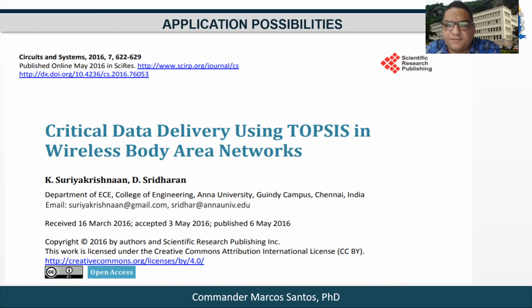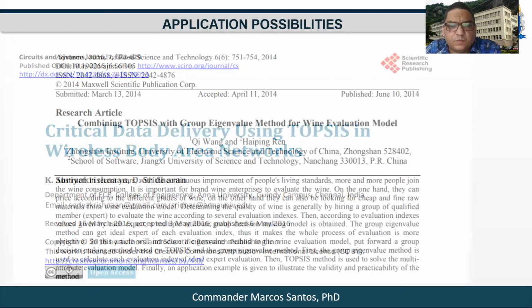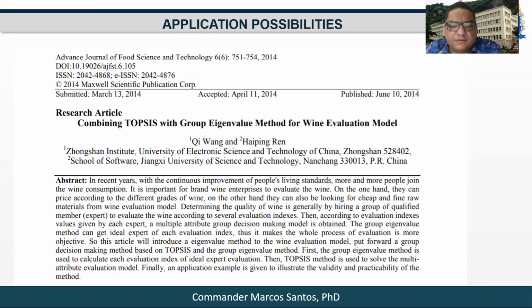Critical data delivery using TOPSIS in wireless body area networks. And here we have another paper combining TOPSIS with group decision value method for wine evaluation model.